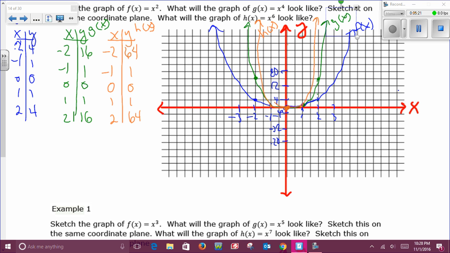What's happening to the ends of my graphs? So when I'm going to the right and going to the left, what's happening with the ends of my graphs? So just take note, maybe jot a few things down about what you notice, and then I want you to tell me something you notice about all the equations that you're given.